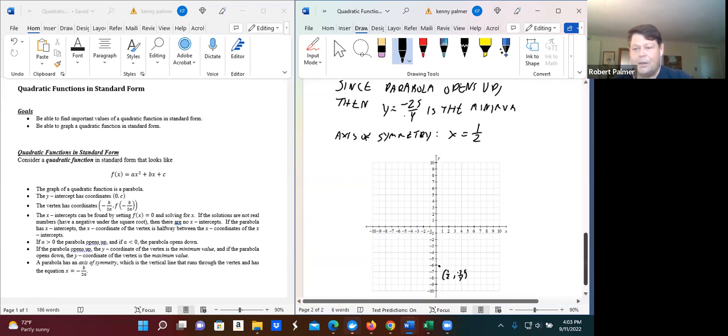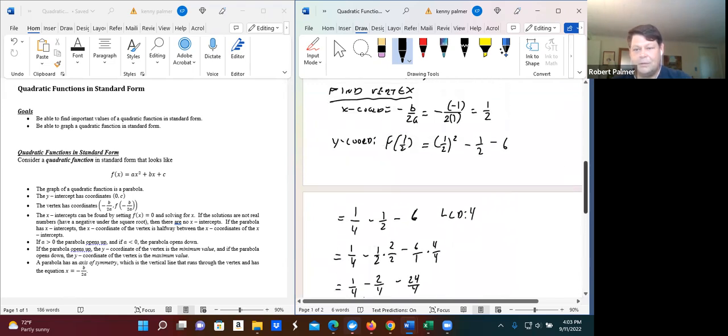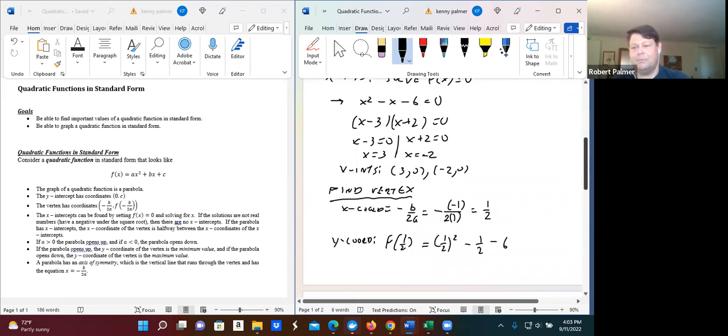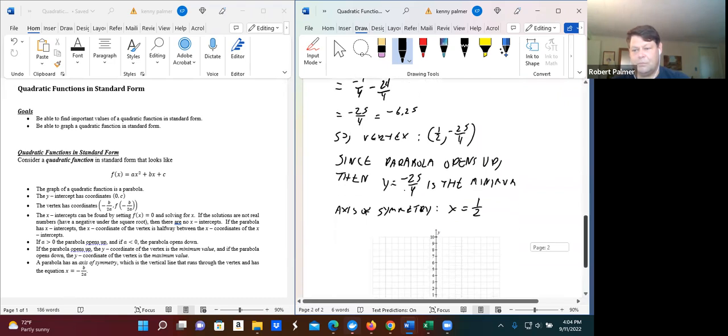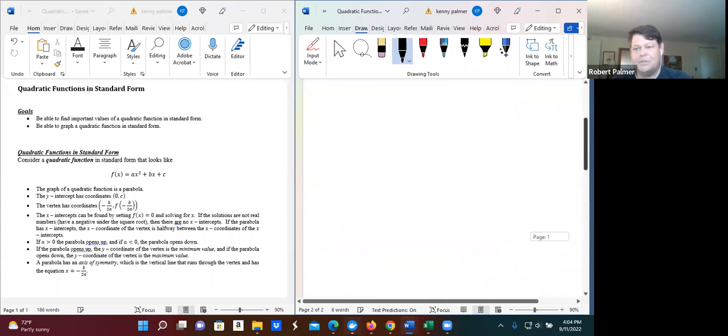Okay. Now, let's also find our x-intercepts. We said those were at negative 2, 0, and 3, 0. And then we also had our y-intercept. I believe it was 0, negative 6.